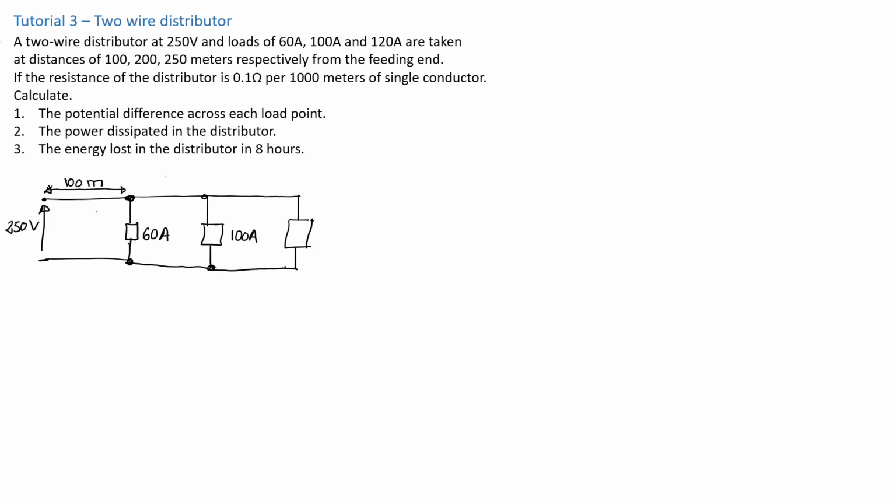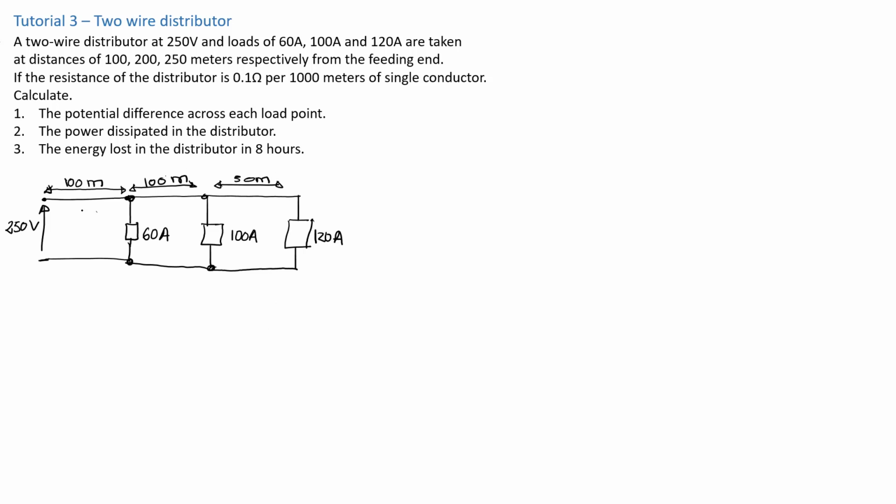Alright. So this load here is at 250 meters and is drawing about 120 amps of current. So what we have here is, this is also 100 meters, and this is basically just 50 meters. But the whole distance here is supposed to be 250 meters.